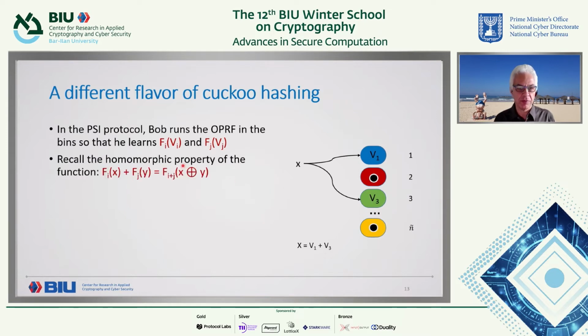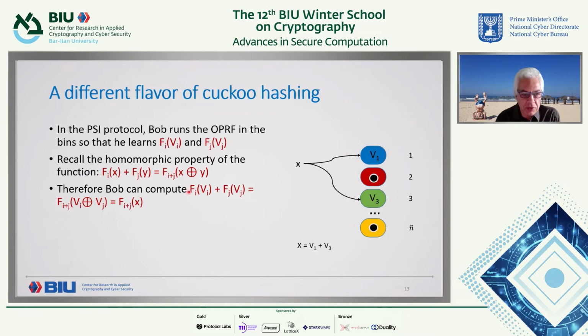Here is where the homomorphic property is useful, because if Bob sums these two values, he gets f with the key i plus j of the x that he put here. What did Bob put in these two locations? Two values whose XOR is equal to x. So basically what Bob learns is f of x with the key which is the sum of the keys of the two table entries to which x could have been mapped.